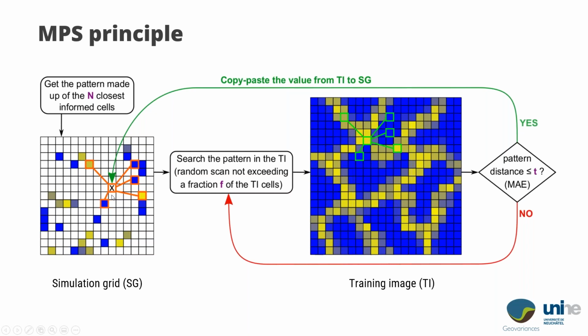And we do this research depending on the third parameter, the fraction f, in all the different patterns of the training image. So with only these three parameters, we can compare the training image, and we can put the value in the simulation grid.